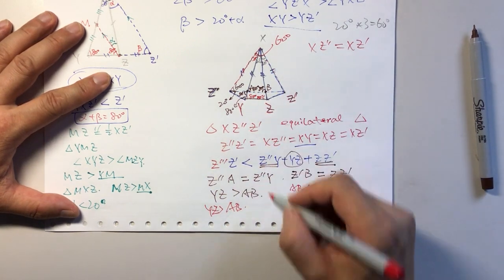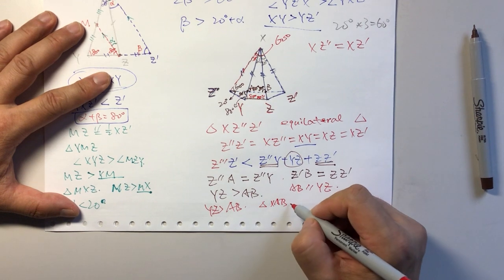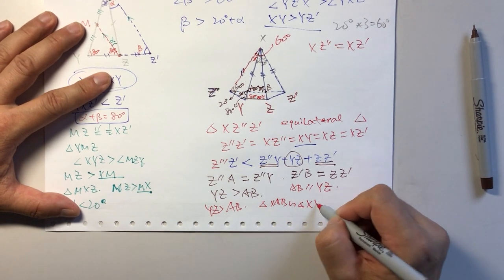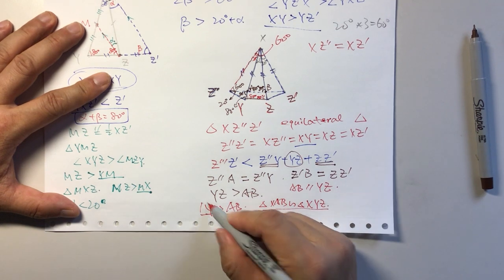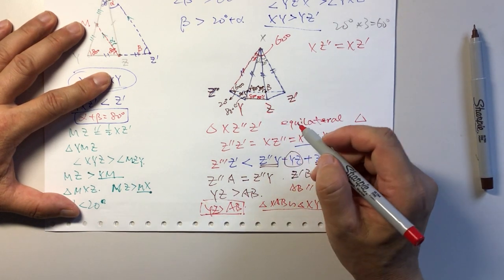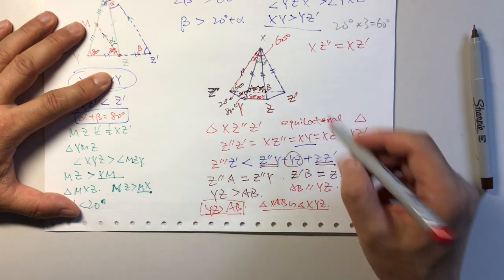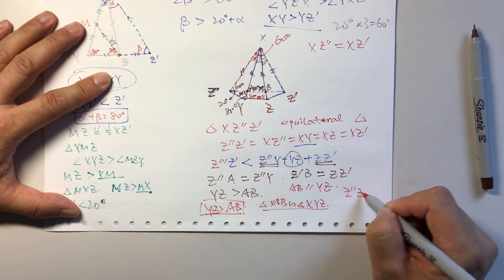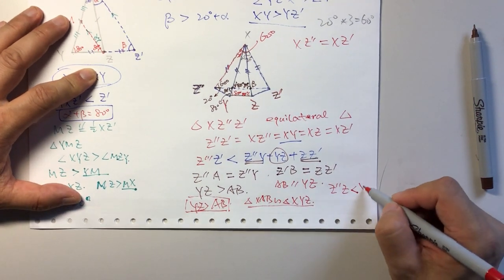We can use triangle XAB similar to triangle XYZ, and we can easily get this, right? So it means if we plug all of them together, z prime prime z will be less than 3 times yz.